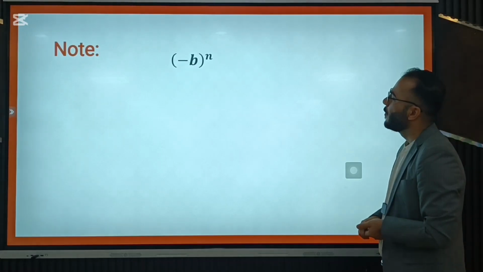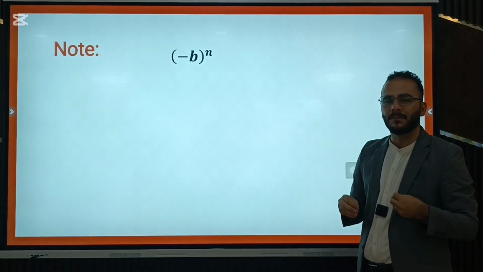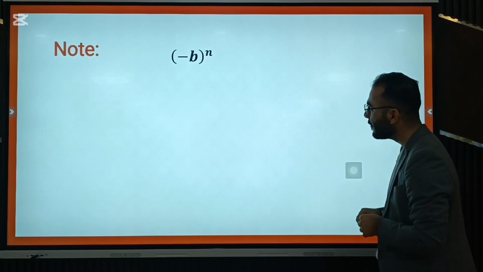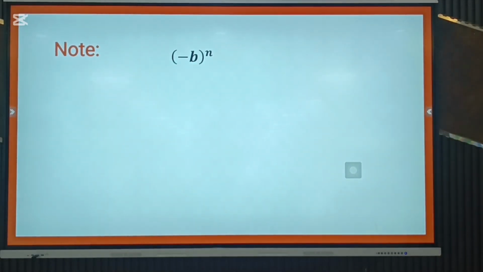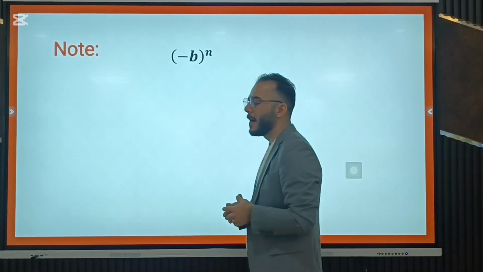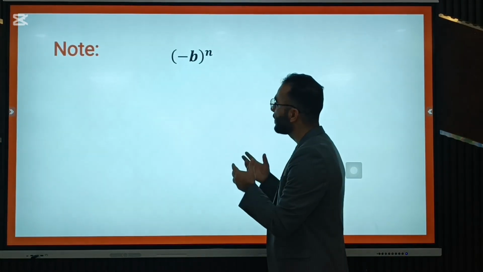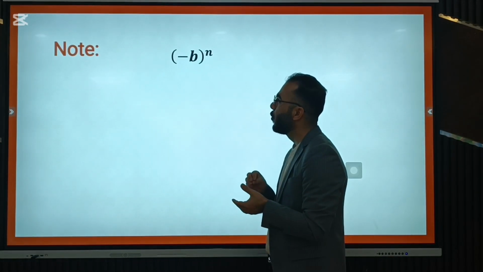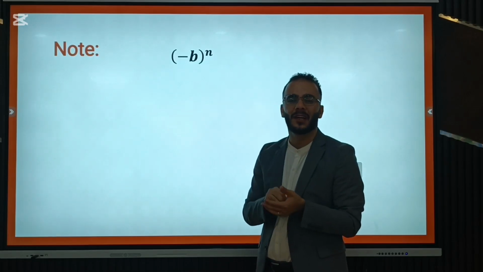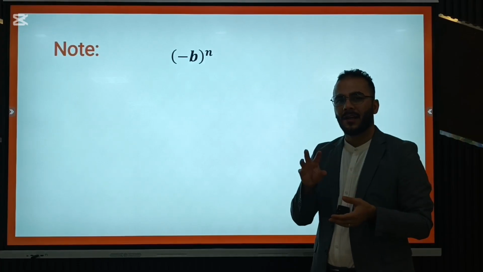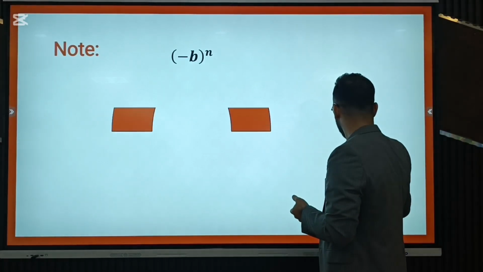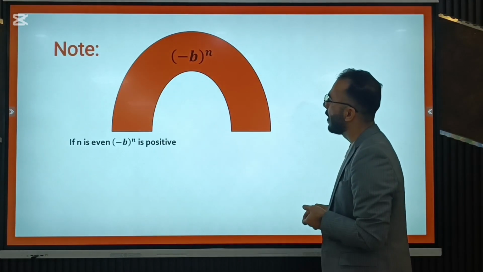When we have a term like negative b to the power of n, we have to know what kind of number we have instead of n. Is it even or odd? Because based on that, the result will change in terms of sign.